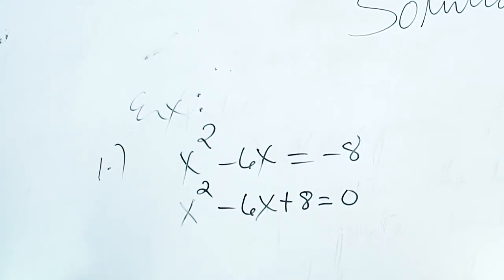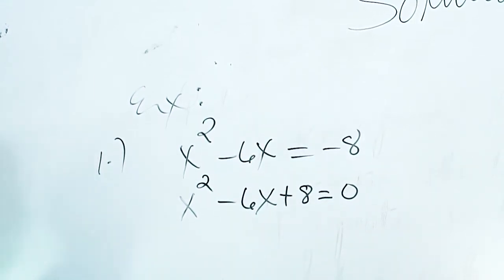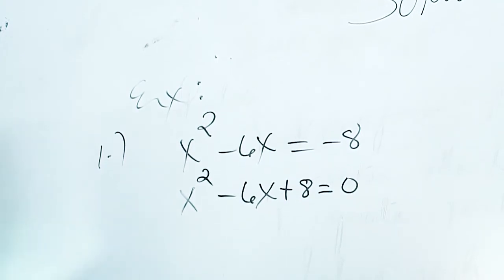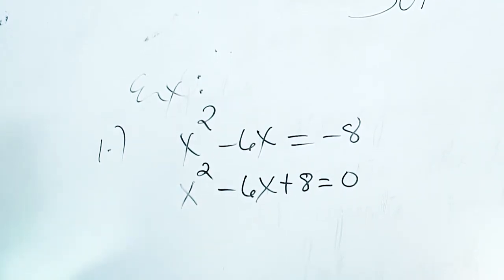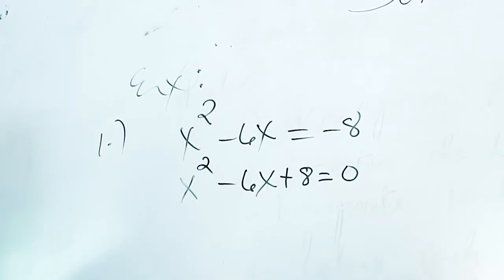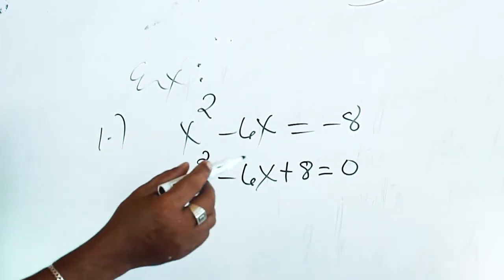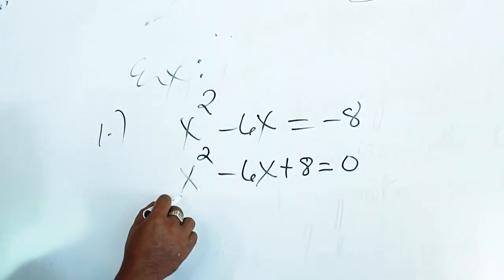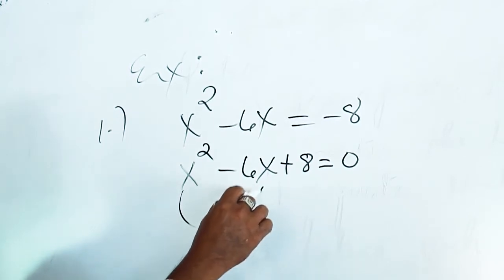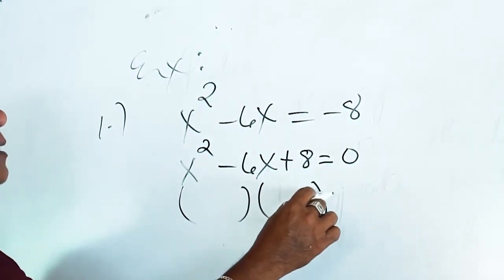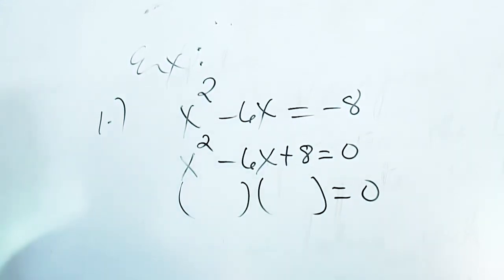After that, you have to find the factors of x squared minus 6x plus 8 is equal to 0. We write two adjacent parentheses is equal to 0.